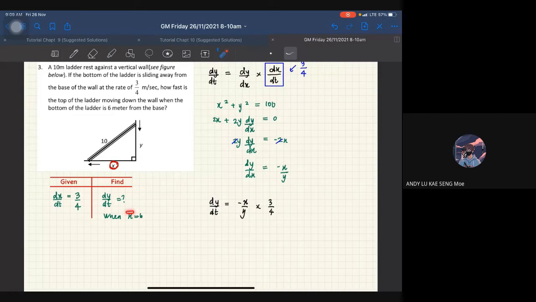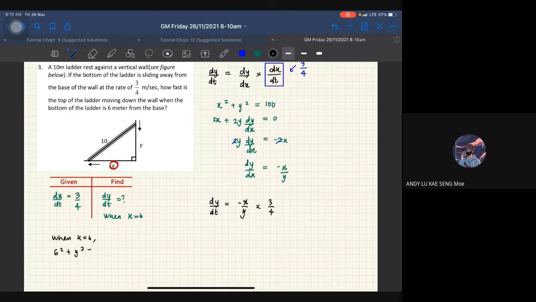Okay, so 6 square is 36 plus y square equal to 100. So y square is equal to 64, y is equal to 8. Okay, just take the positive value. Okay, so substitute sekarang. When x is equal to 6, y is equal to 8.